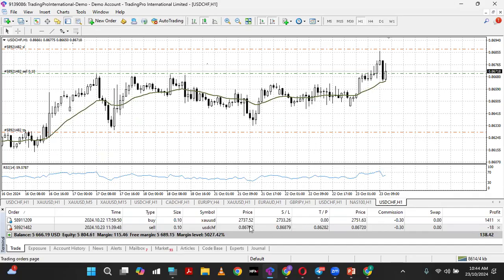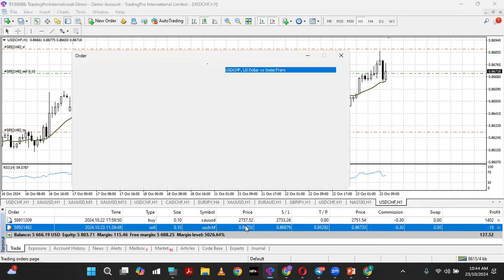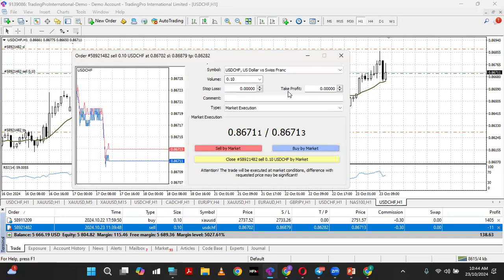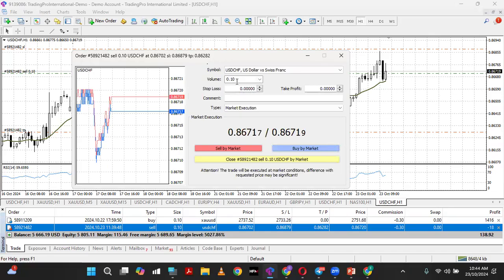If you double click on this area, this is going to pop up. And you know our volume is 1.0. And you know ten 0.01 make up 1.0. Are we together? Yes, we are together. So now there's what they call partial close.